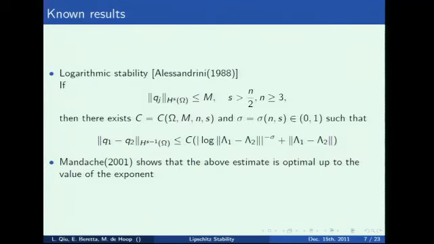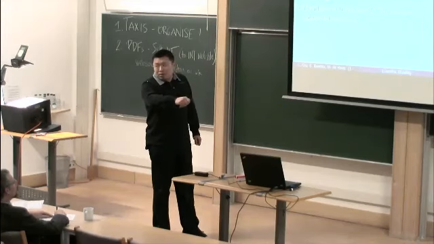Okay, some known results. In 1988, Alessandrini proved this logarithmic type stability, actually for some smooth potential. You can see here is an H^s norm. That means this q must belong to this space, so no discontinuity is allowed. So even for those potentials with higher regularity, the stability is not that good.